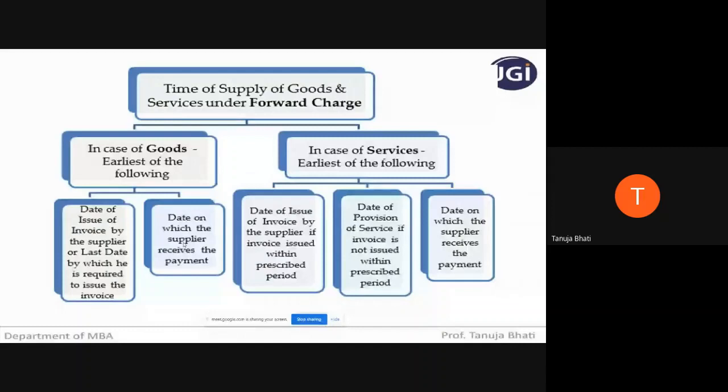It can either be the date on which the amount is credited in the supplier's bank account or the date on which the entry of that payment is made in the books of accounts of the supplier. So when he makes an entry of the payment received in his books, either that date or the date the amount is credited in the bank account, whichever falls earlier, that will be the date of payment. Now, time of supply of goods.